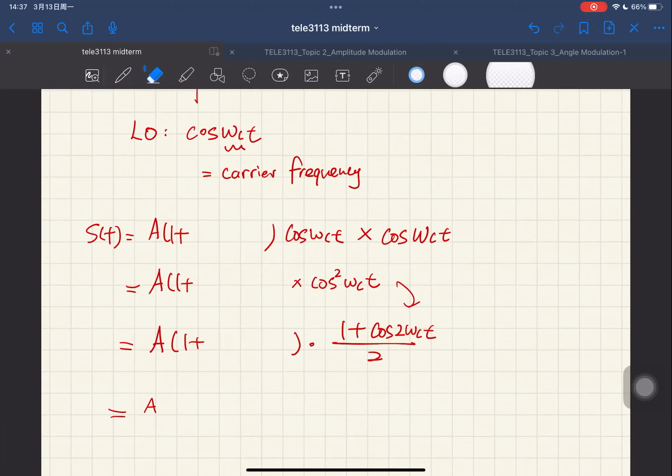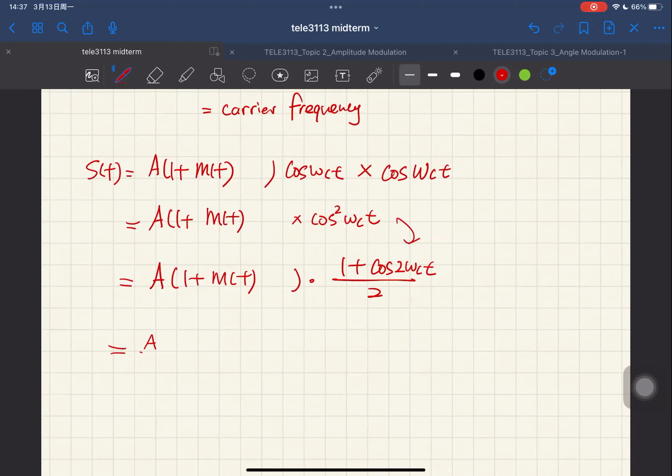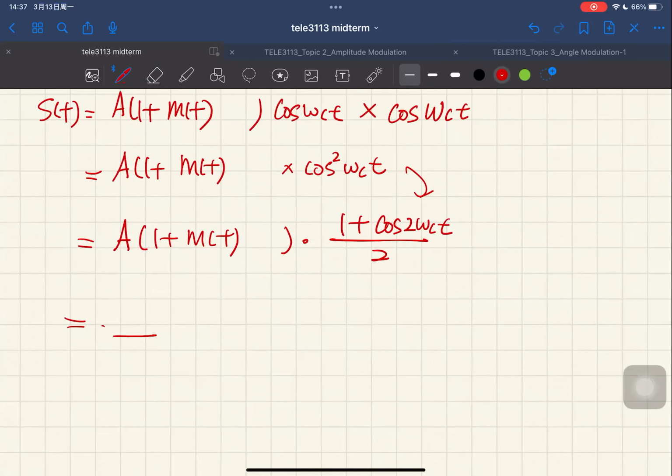We can probably just write it as a message term, because we don't really have to know the real form of it. It's going to be 1 plus cos 2 omega_c t times the message term.